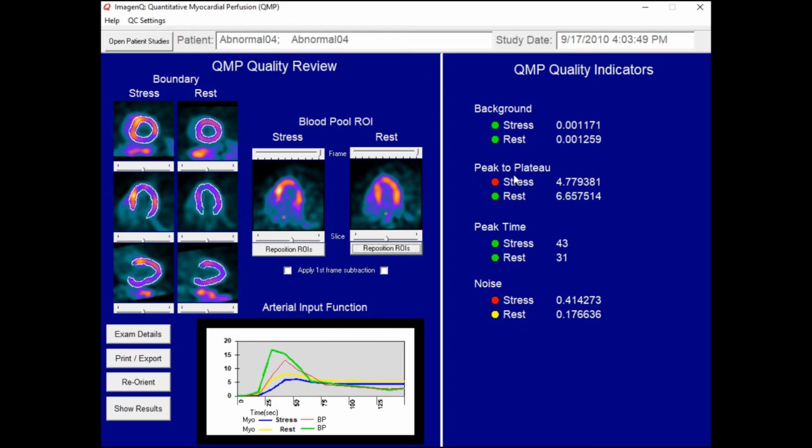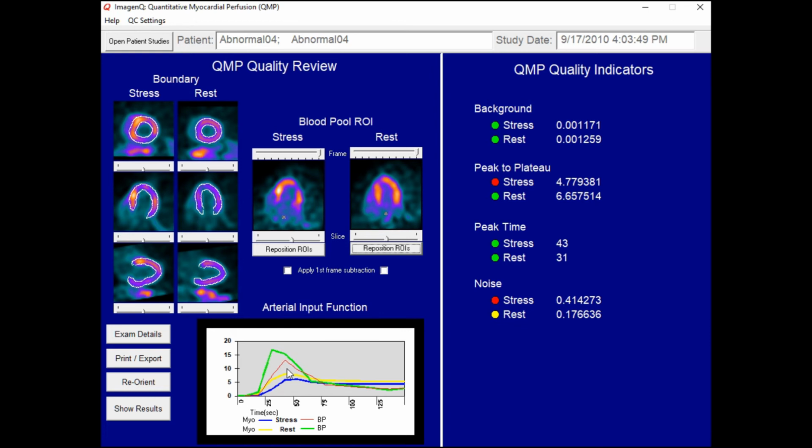However, it has not caused this to be a sharp enough peak to make this light yellow or green. This patient has extensive ischemia and had a drop in ejection fraction at stress, indicating a poor ventricular clearance of the activity may be the source of this less than sharp peak at stress.